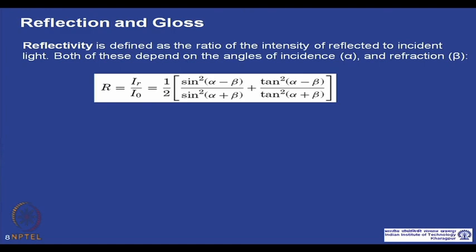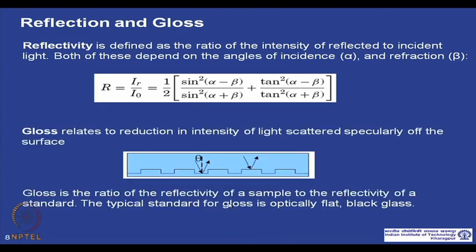So, in this case also, if the refractive index of the material or polymer is higher, then the reflectivity is also higher, and if your angle of incidence is higher, the reflectivity is higher, and this reflectivity is given by this expression where alpha is your angle of incidence and beta is your angle of refraction.